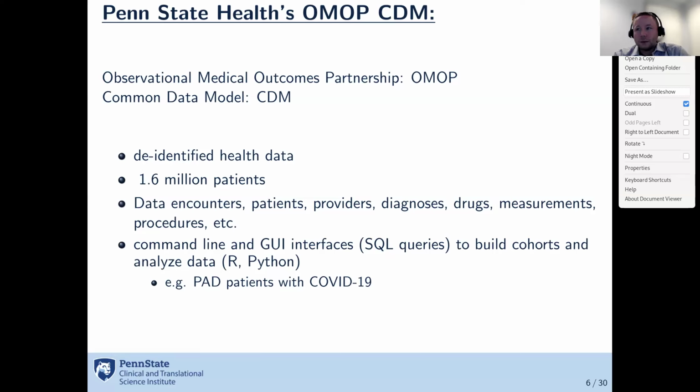And as of right now, this is tabular data. This is your historical patient record that captures diagnosis codes, procedure codes, vital sign measurements, medications that were prescribed, those sorts of things. This data exists in the OMOP Common Data Model format.